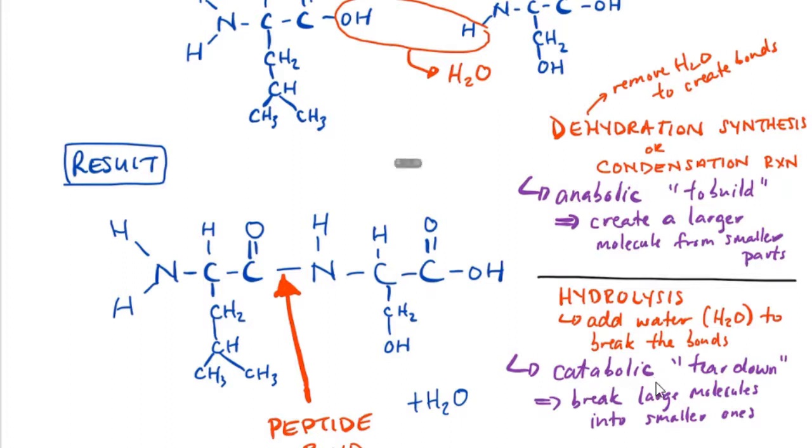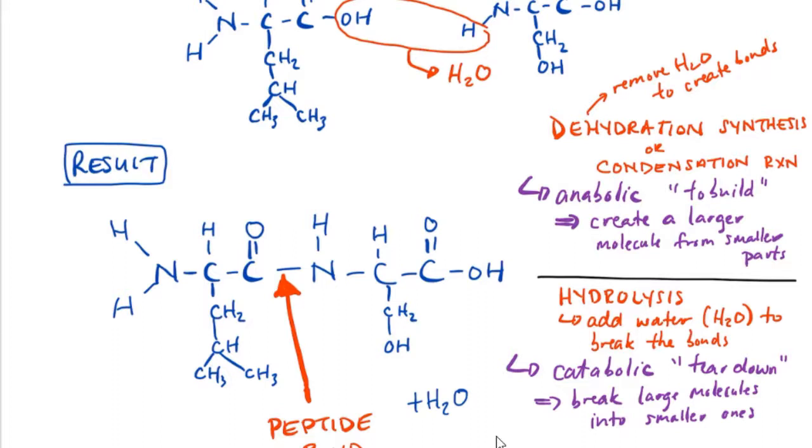And you can say that catabolic then is to tear down. So anabolic to build, catabolic to tear down. That means that any dehydration synthesis reaction I'm building, so it's also considered anabolic, and any hydrolysis reaction I'm digesting, I'm breaking apart, so I consider that a catabolic reaction. Okay, so keep those words in mind as well. Those are also the types of things that end up on tests for terminology type of stuff.